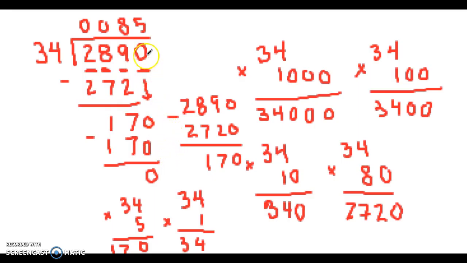And then we moved on to our singles place, dropped down our 0, and discovered that we could put in 5 sets of 1 and multiplied our 34 by 5 to end up with 170, which perfectly subtracted to get 0. And so our equal amount in our fixed group is 85. And that's how division works.